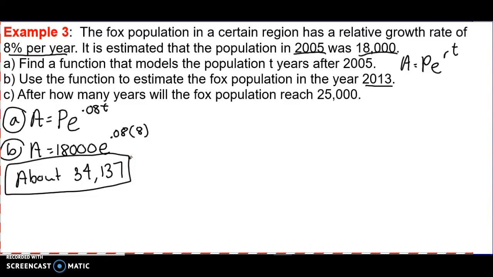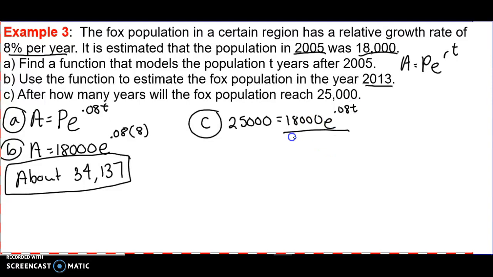Part C says, after how many years will the fox population reach 25,000? In this case, we're looking for A to be 25,000, which equals our initial, 18,000, times e to our rate, 0.08, and we don't know the time.